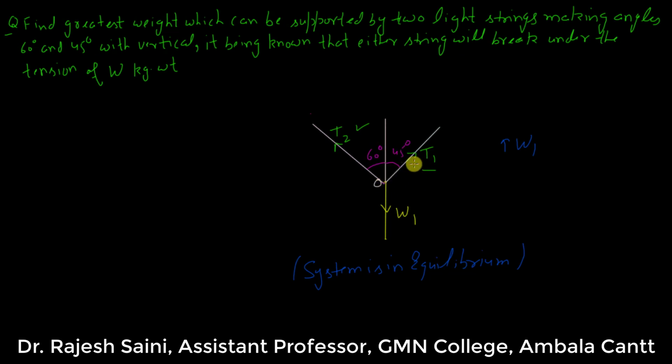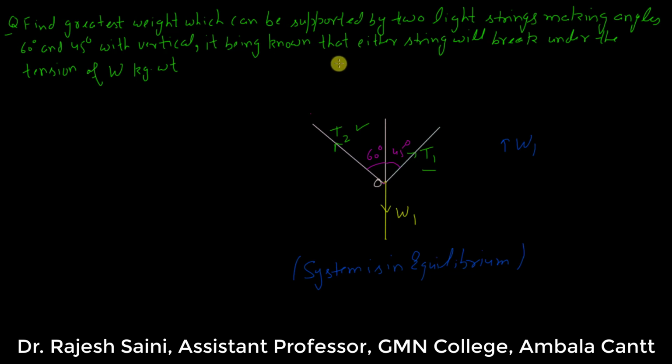So which string will break first, we have to see. By Lami's theorem, we have to find which tension is greater, T1 or T2, because the greater tension will achieve the breaking point, that is W kilogram weight, earlier than the second tension. So we'll see which one is greater, T1 or T2.